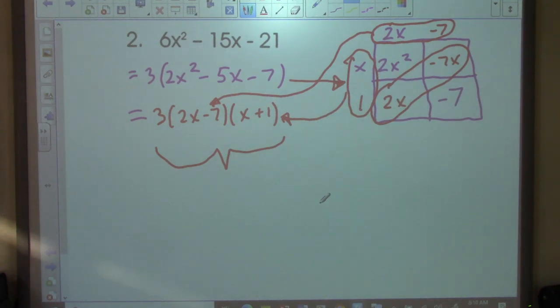Yes, go ahead. The top one, the purple, is that purple or blue? Where did that come from? The purple part, this? Okay, this part right here, where did that come from?